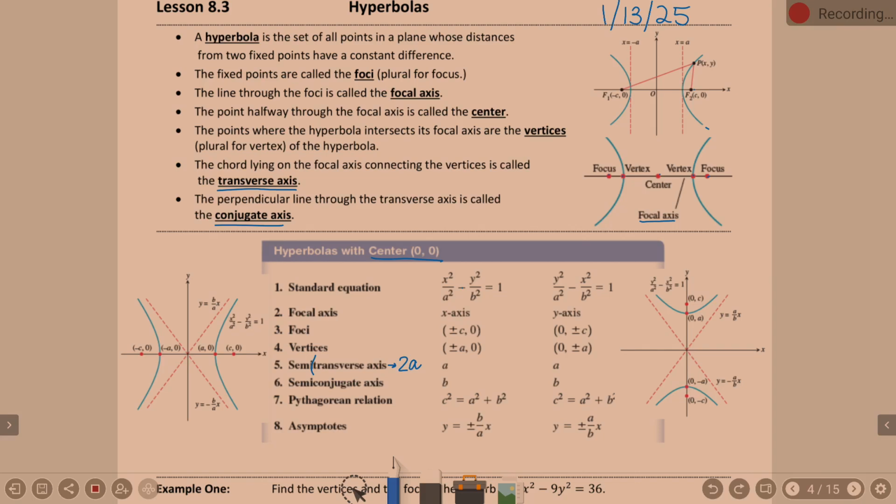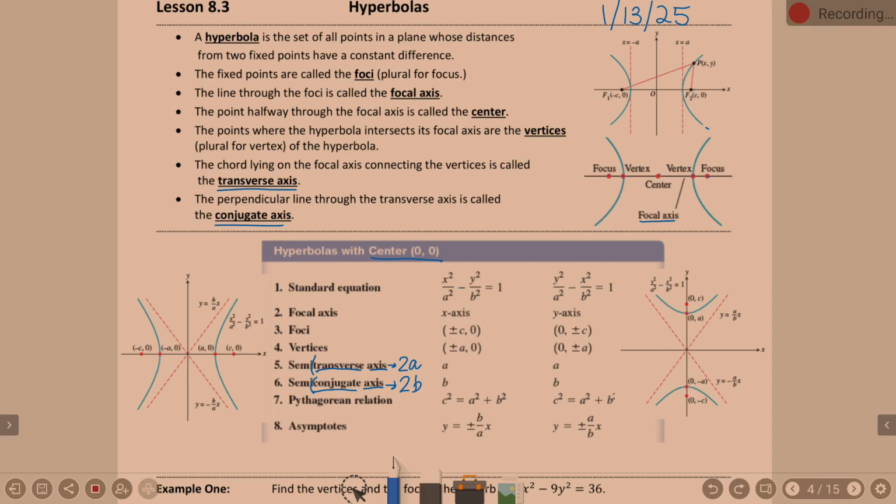And then the semi-conjugate axis is B. What's that mean about just the conjugate axis? It is 2B. Okay, so those are the pieces I'm going to throw on there again. Just that the transverse axis is 2A, the conjugate axis is 2B.